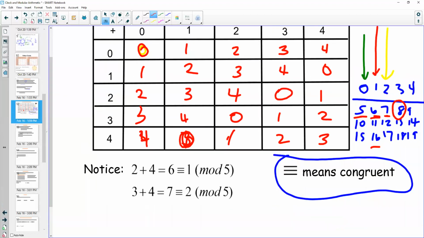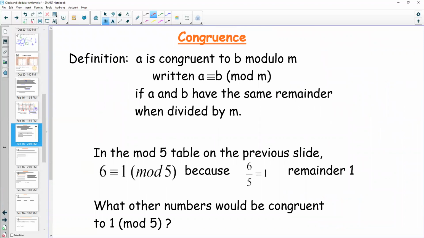Okay? We can do some definitions here. A is congruent to B in modulo M is written as congruent with 3 lines. This means that if I divide them through, they have the same remainder in the modulo.